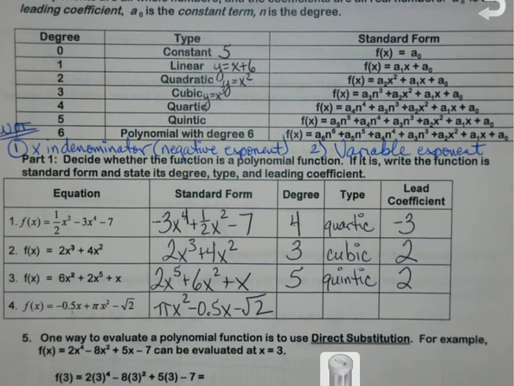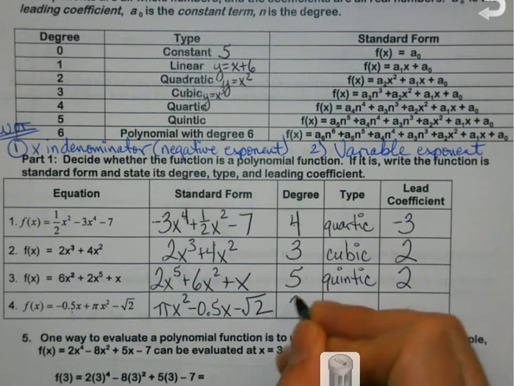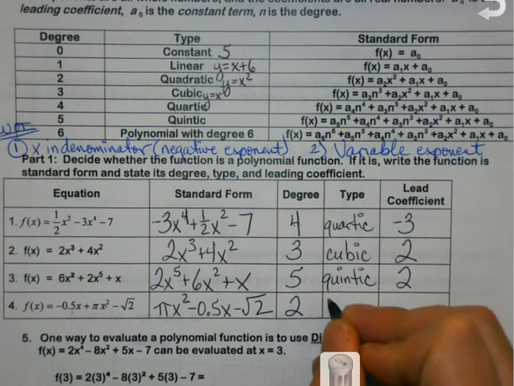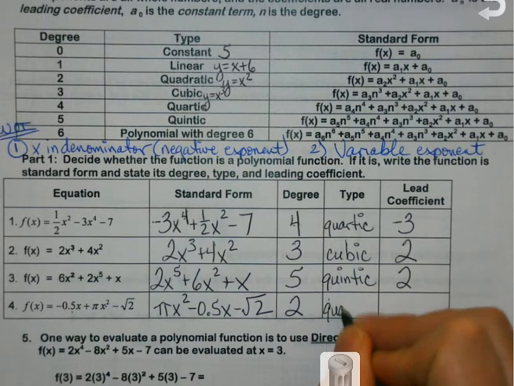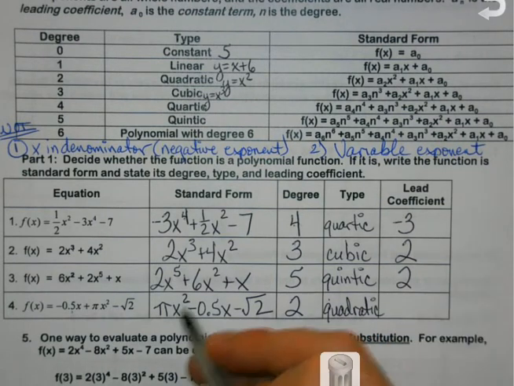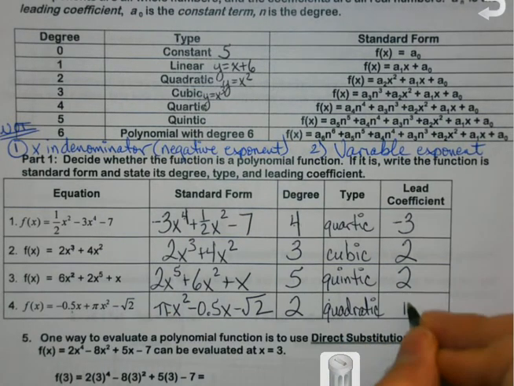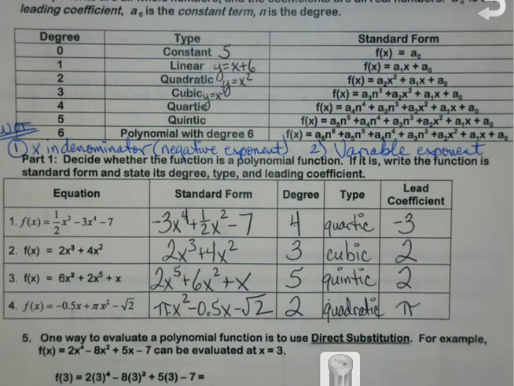If it's a square root or anything, just have it act like it's a regular 2. It's still going to be a constant since it's still just a number. And then I still am just going to take my degree from the first term, my type, and then my lead coefficient. Yes, it can even be funky symbol numbers like pi.